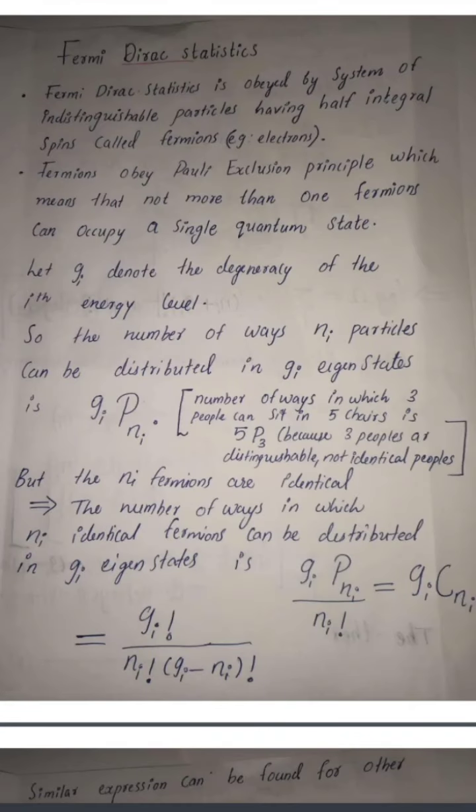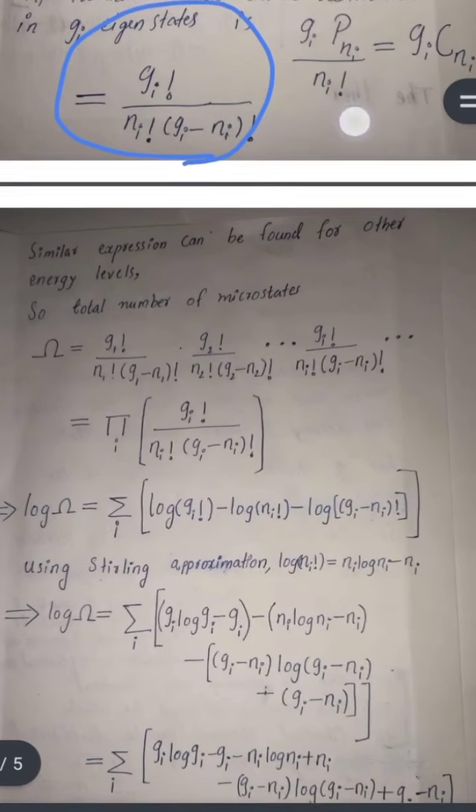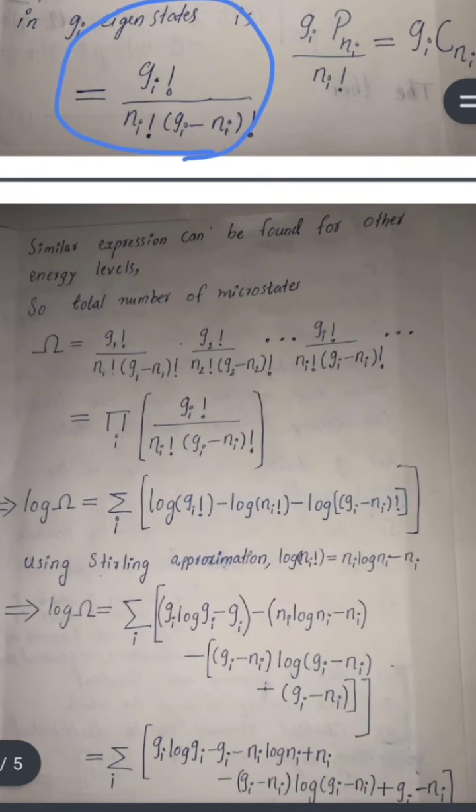Now the number of ways in which Ni particles can be put into gi states which have energy eigenvalue Ei is given by this expression. Imagine the E1 energy level has g1 states and also N1 particles. The number of ways in which N1 particles can be put into g1 states is given by this expression. Also imagine the E2 energy level has g2 states and also N2 particles.